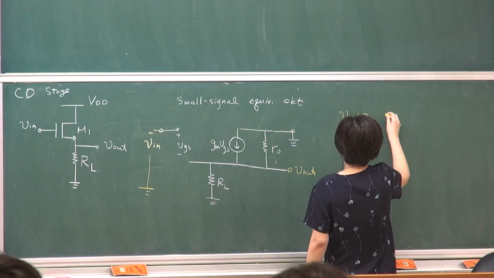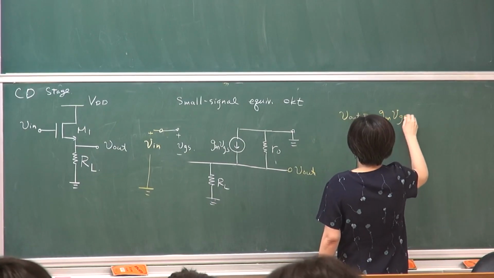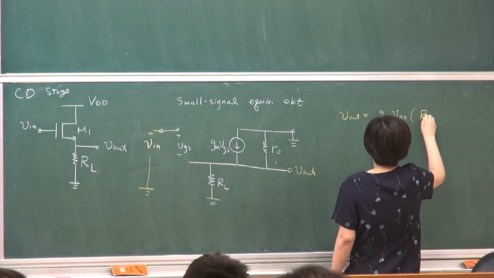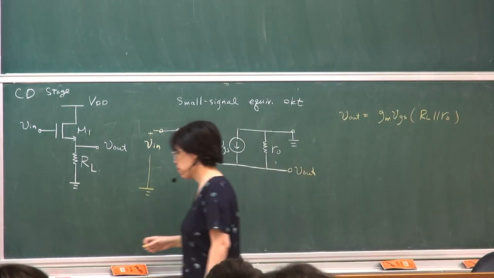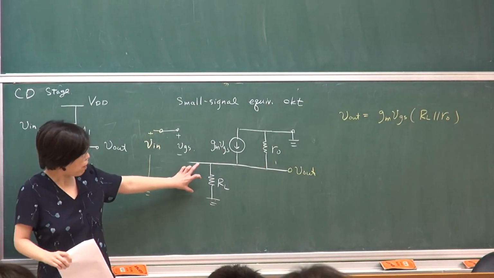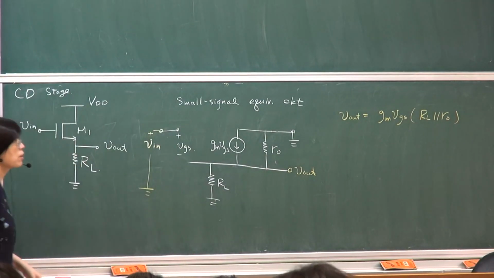So the way to think about it is a current, which is GM VGS, flowing through R load in parallel with RO. If you can see the same terminal, they are in parallel.